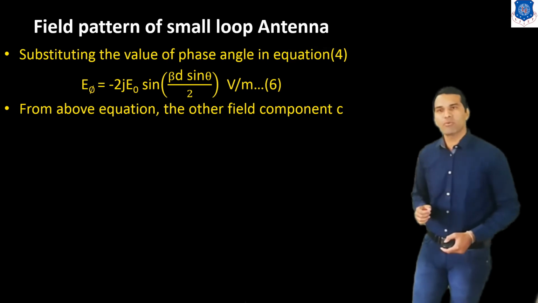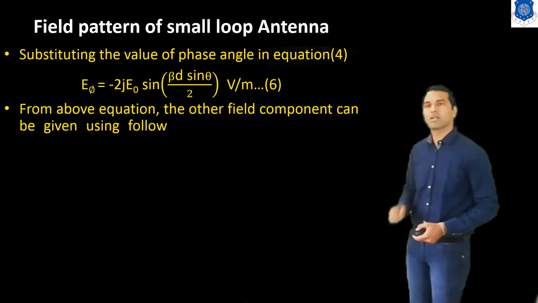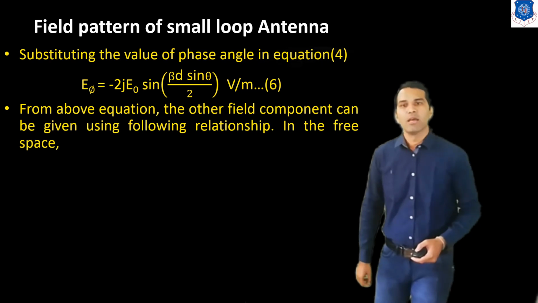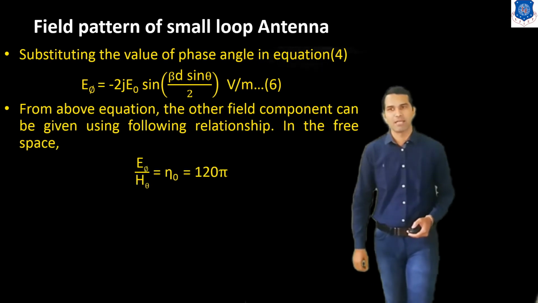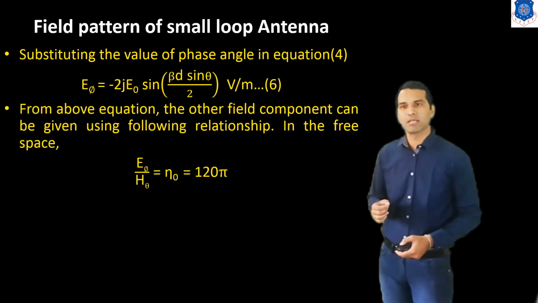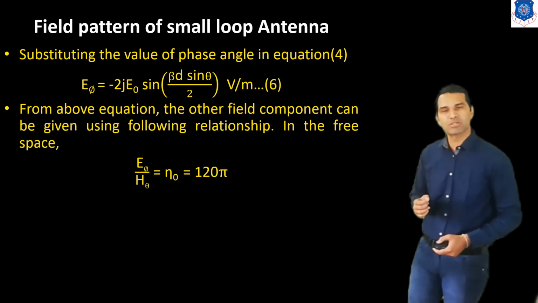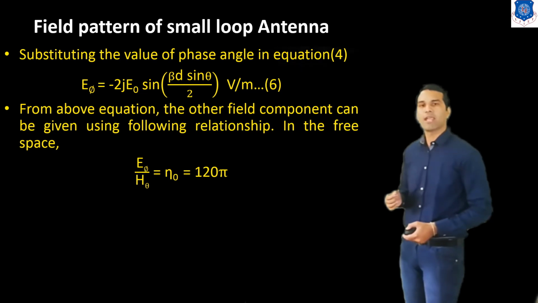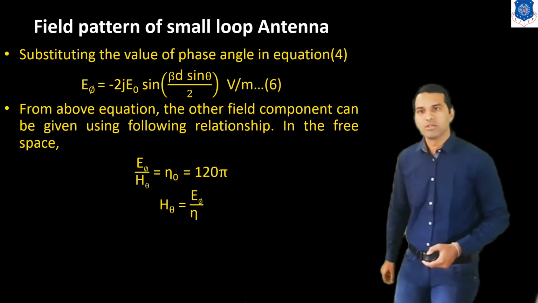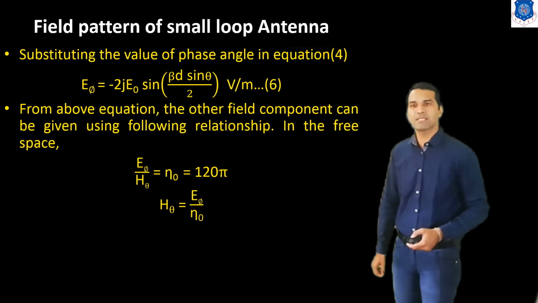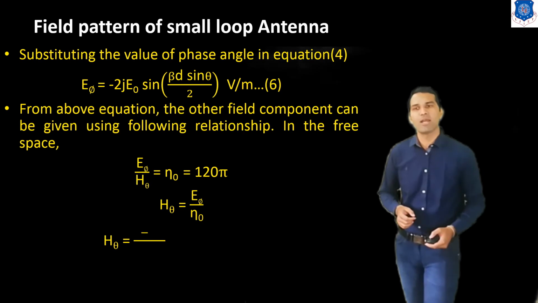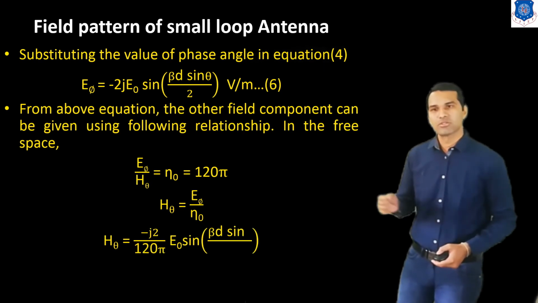From the above equation, the other field component can be given by the following relationship in free space. We know that the relation between the E field and H field is E phi upon H theta equals eta 0, and for free space the value of eta 0 is 120 pi. So we can write H theta equals E phi by eta 0, and we have the value of E phi.